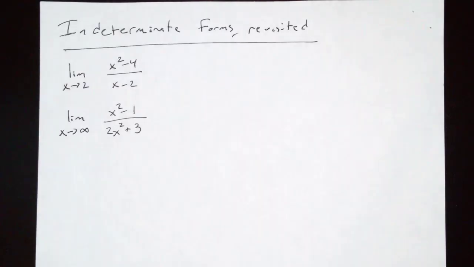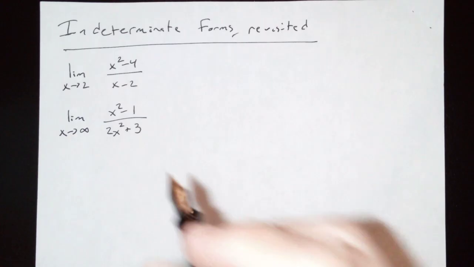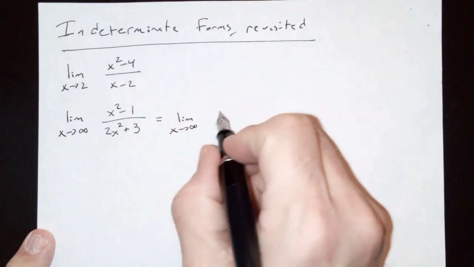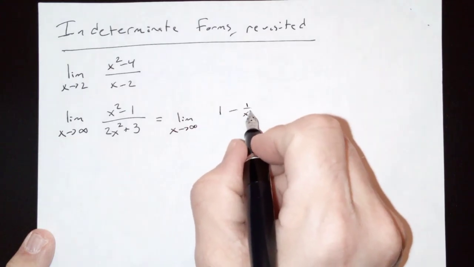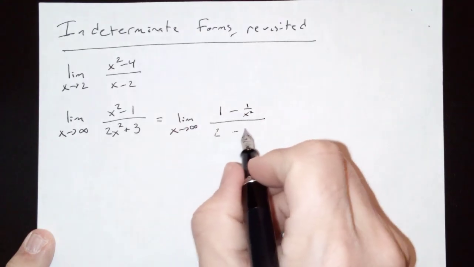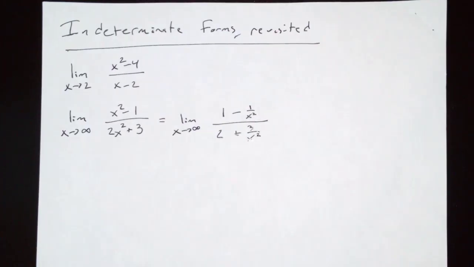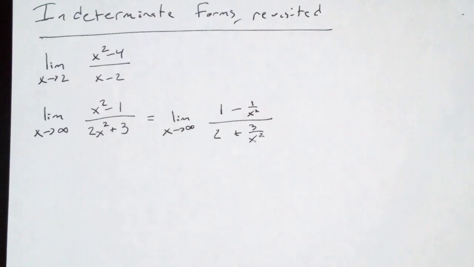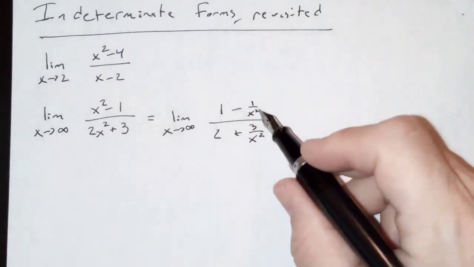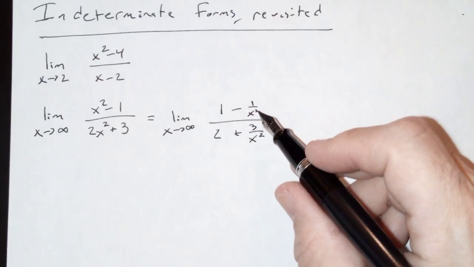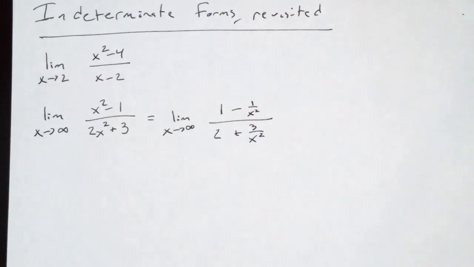So if I divide by the highest powers, I look at this, and then I say to myself, oh, 1 over x squared, as x gets bigger and bigger and bigger, what happens to this piece? It gets really small, so in the limit, it would become 0.